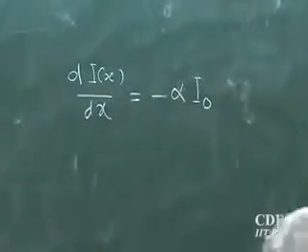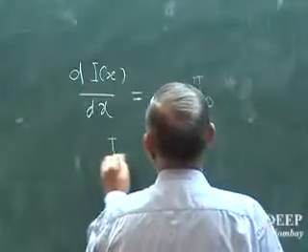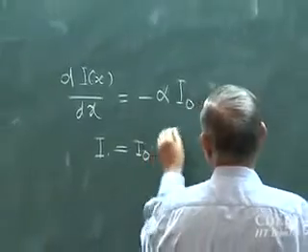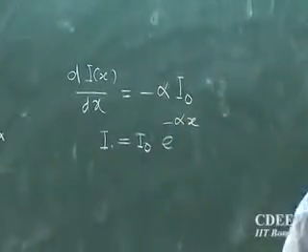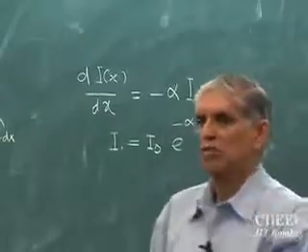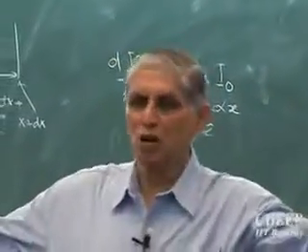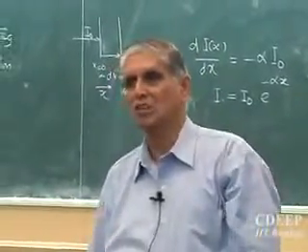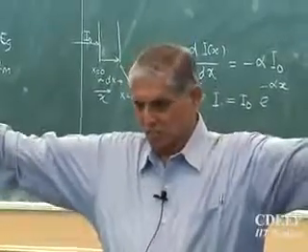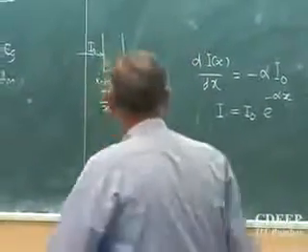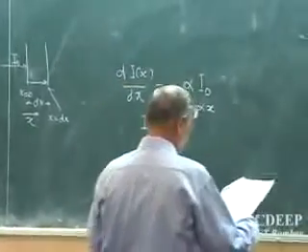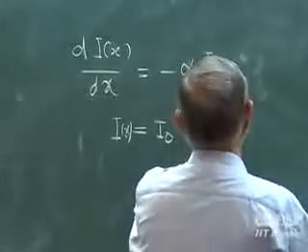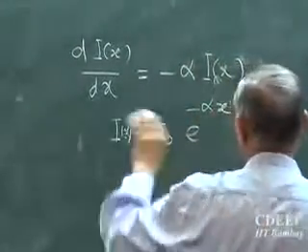So what will the solution of this be? I is equal to I0 e to the power minus alpha x. So what are we trying to say? If the material is very long, x equal to infinity, how much will the intensity be?